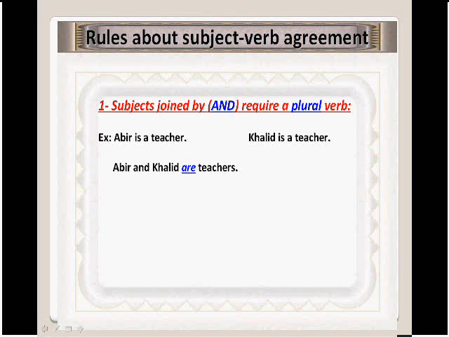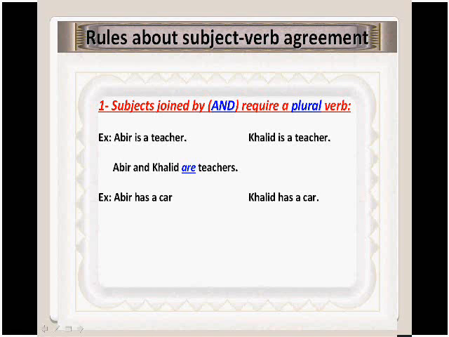So I have to change the verb from is, which is singular, into are. And the key word, as we said here, is the word and. So can you see Abir and Khalid? These are two subjects joined by the word and, so I have to change the verb into the plural, are teachers. So again, the word teachers has S at the end because this is plural, because we are talking about two people, Abir and Khalid.